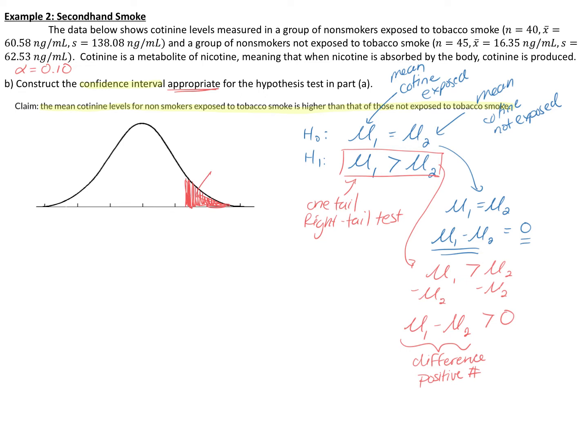So back in part A, when you did the hypothesis test and we did a right tail test, we shaded the critical region in the right tail. But when you build a confidence interval, we look at the left tail and the right tail, but we got to make sure that our critical region in the confidence interval matches up with the critical region in the hypothesis test, because that's the only way that we'll actually come to the same conclusion as well.